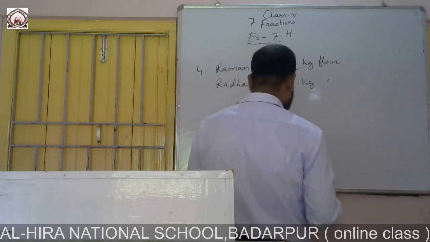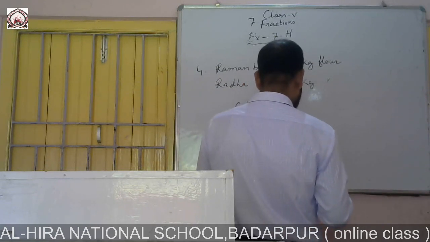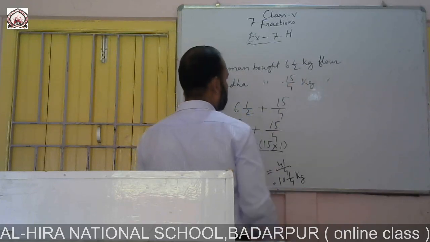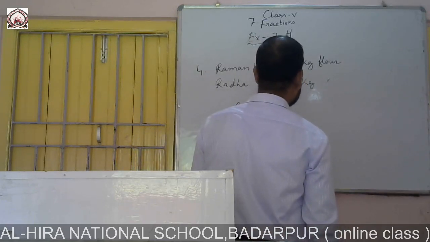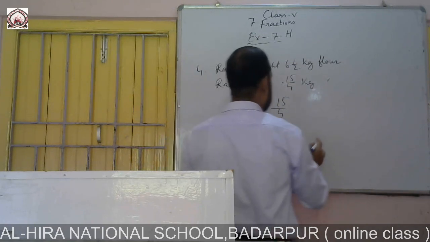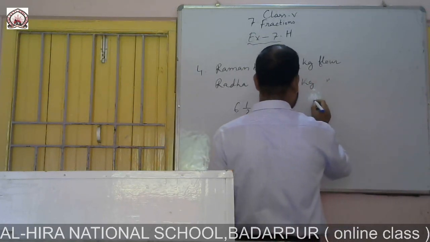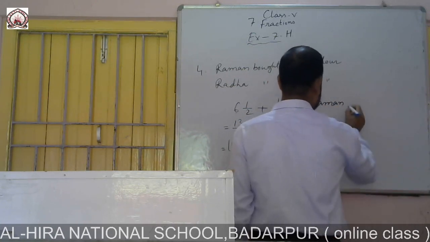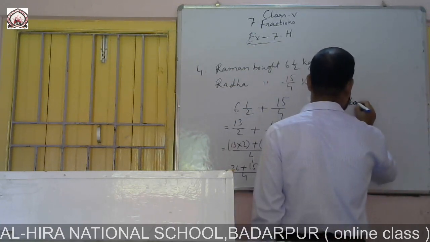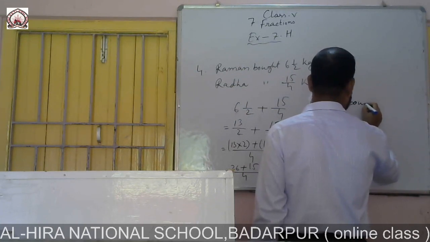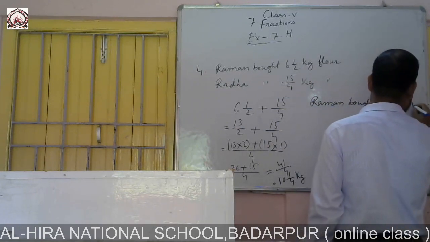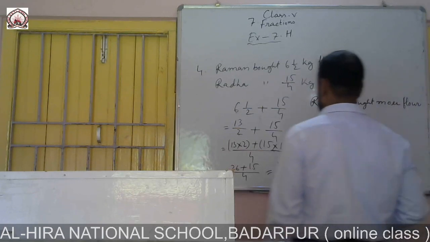Now we take out who bought more flour. Obviously there are 6 kg and there is 3 kg something, so obviously Raman bought more flour. How much more?